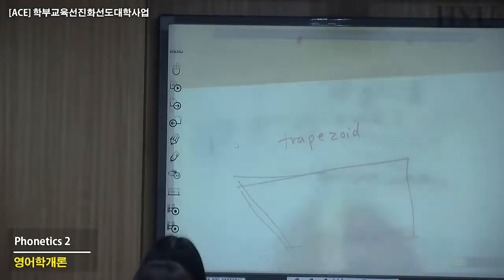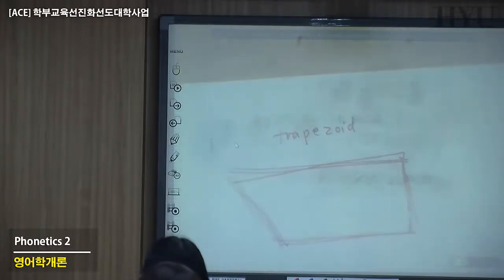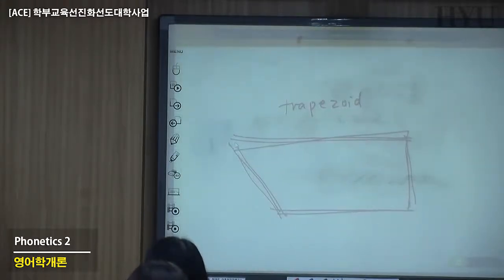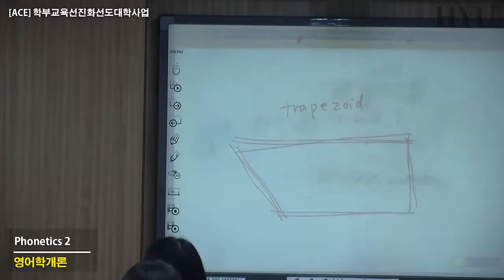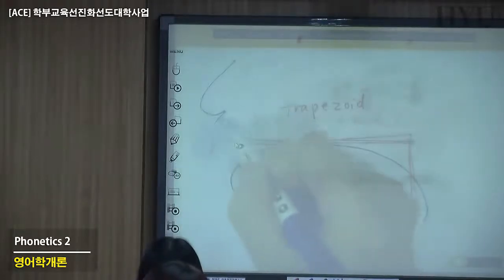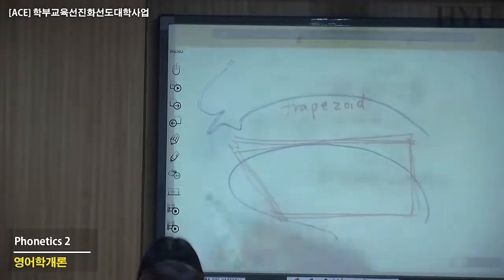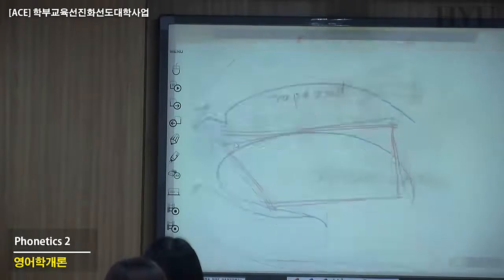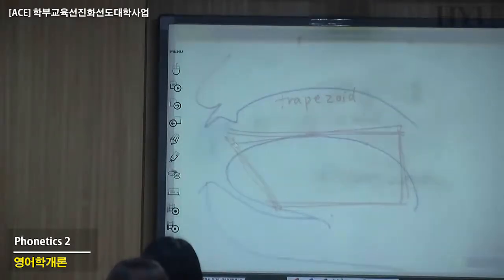Not a square, not a rectangle, but this type of shape. And that trapezoid is actually, believe it or not, your tongue. So this is actually your tongue here, and you have your mouth here like that. Actually, the trapezoid is your tongue.